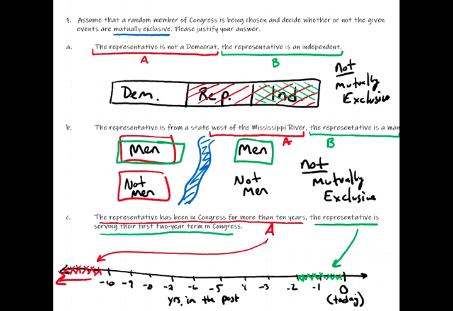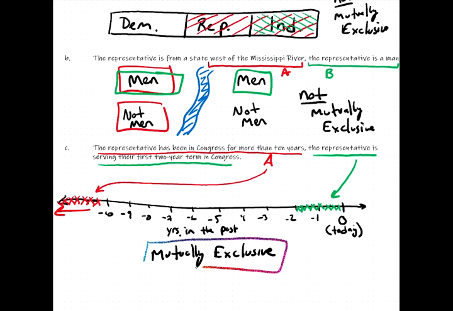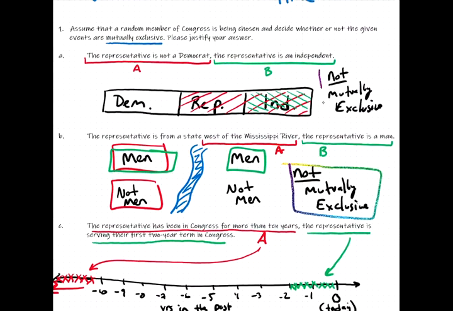You cannot have been in Congress for more than 10 years and for less than 2 years at the same time. So we would say, in this case, mutually exclusive. All right, so that about does it for this problem.